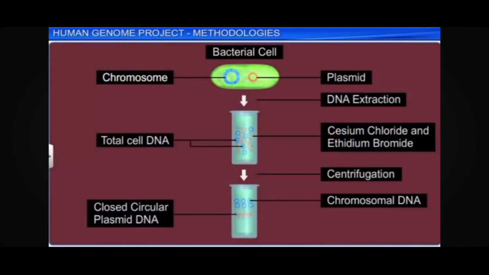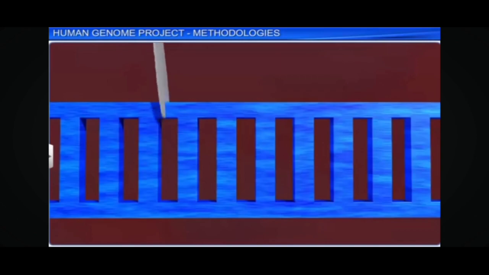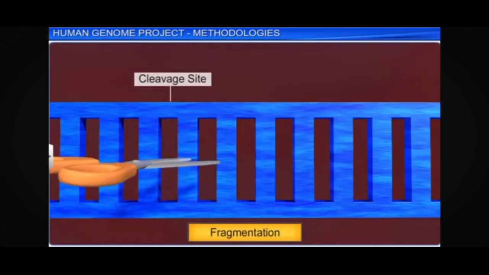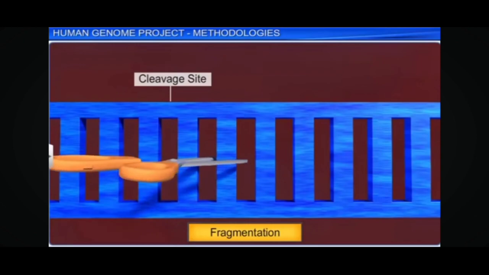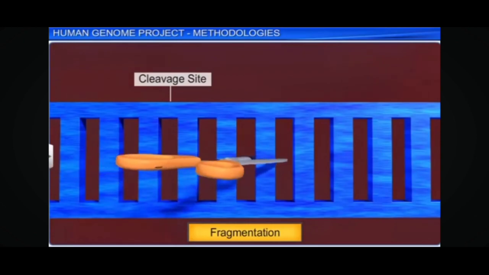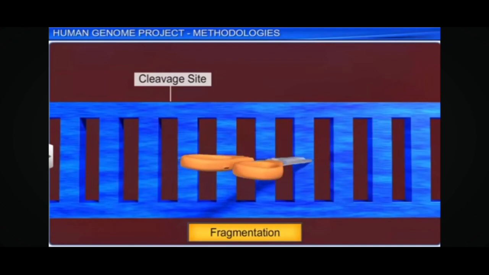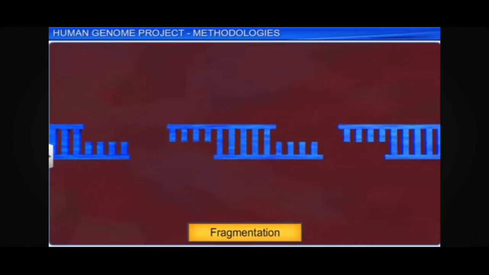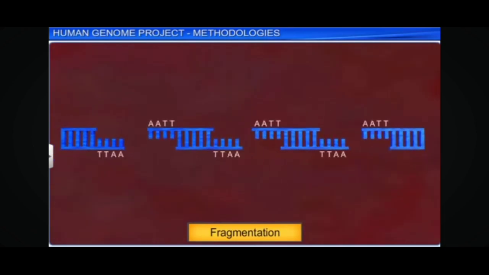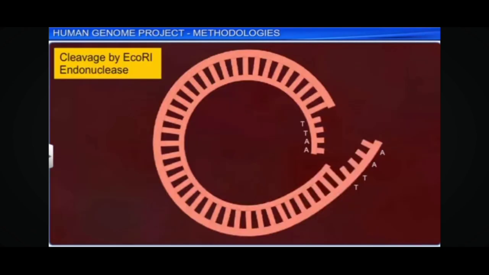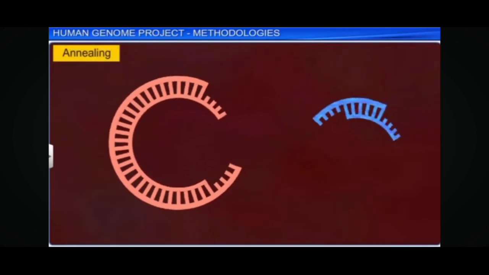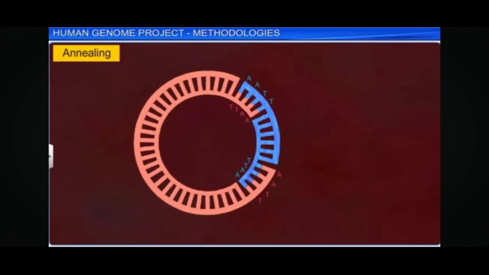For the purpose of sequencing, the complete DNA was extracted from a cell and divided into smaller fragments, since it is technically difficult to sequence longer fragments of DNA. These DNA fragments were then cloned in suitable hosts such as bacteria or yeasts with the help of specialized plasmids or vectors.